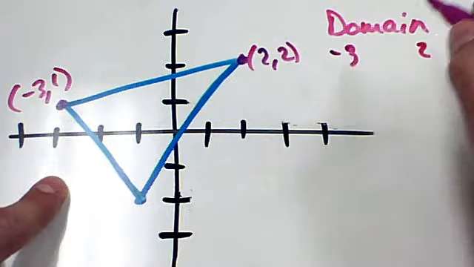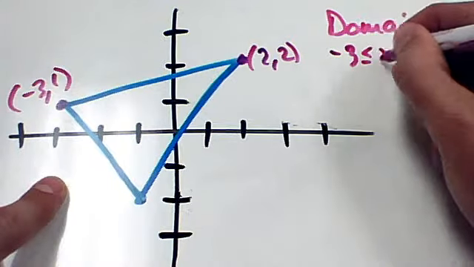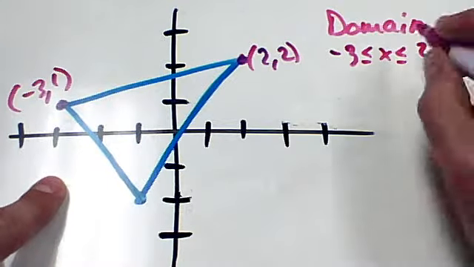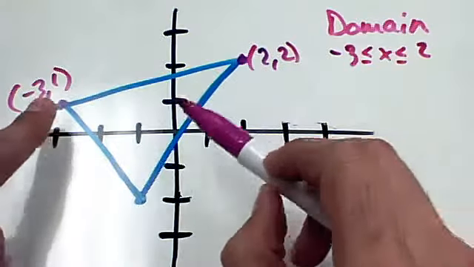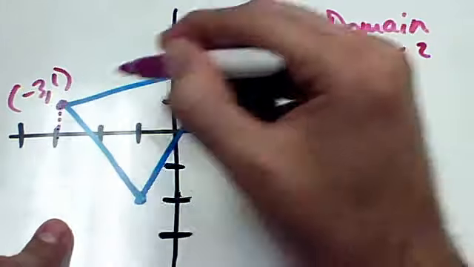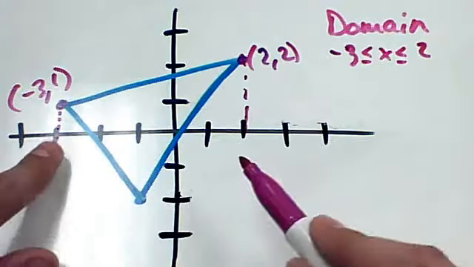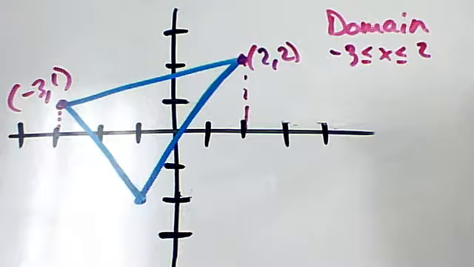You could write -3 is less than or equal to x, which is less than or equal to 2. That would be one way to write that, and the reason it's equal to is because it includes these endpoints. You can see how it lines up with the graph. It does line up at -3 and 2, with the x-axis.